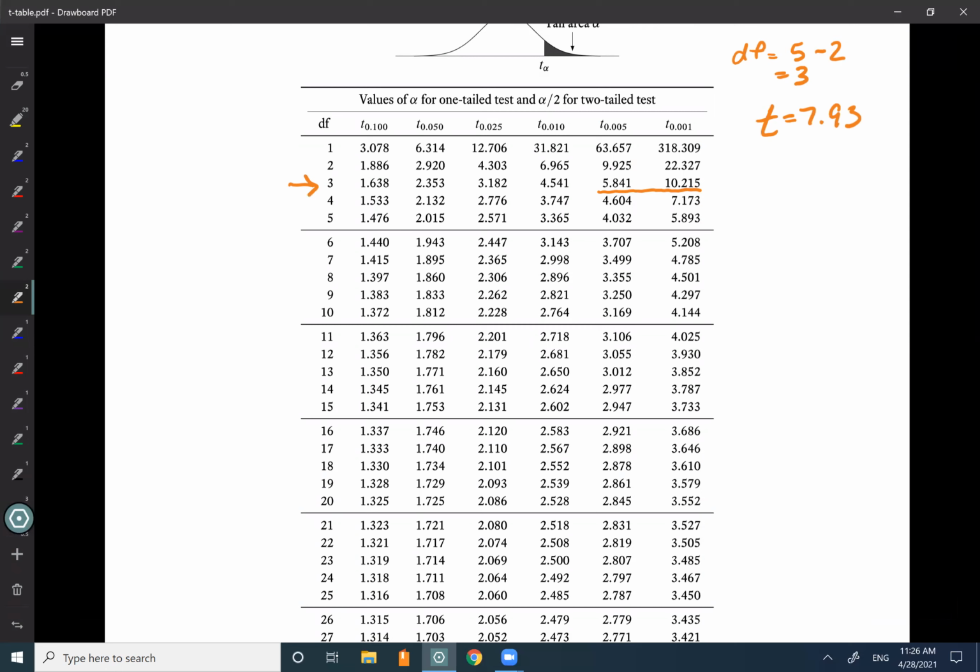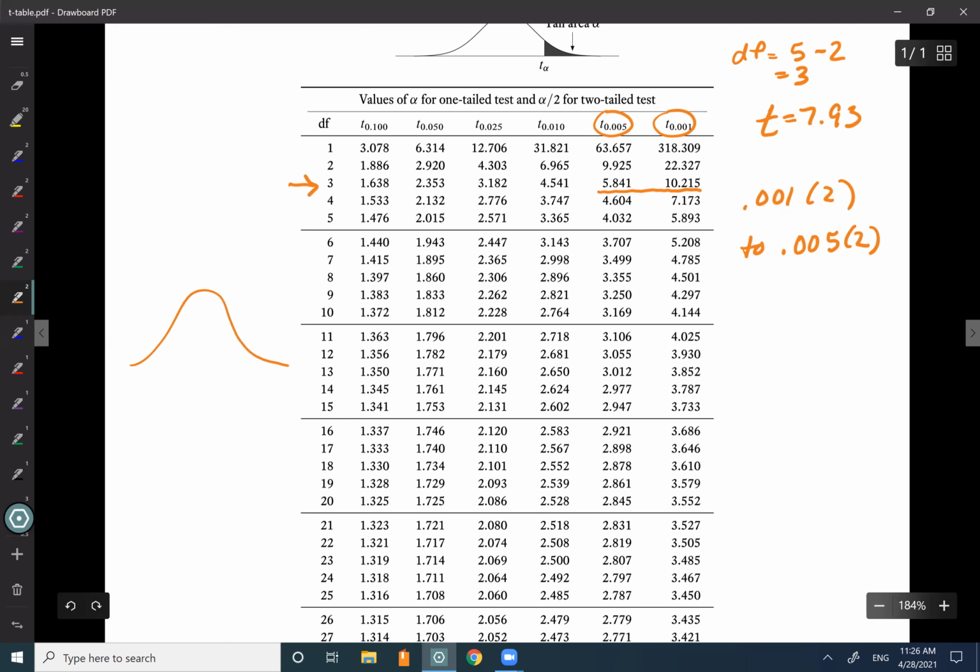And because it's a two-sided test, we would take 0.001 and multiply it by 2. And so the range is going to be from there 0.005 and multiply it by 2. So I'm taking these values, we multiply it by 2 because we want to know the area under the curves for both tails, right?